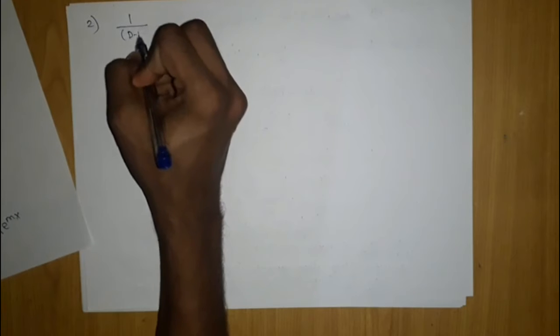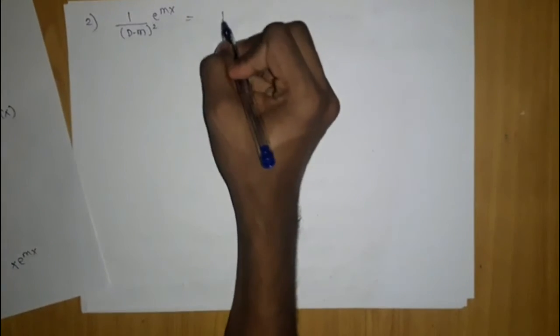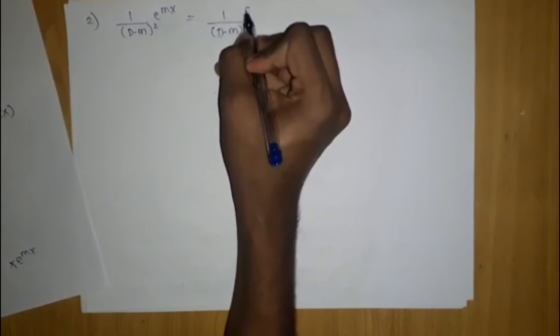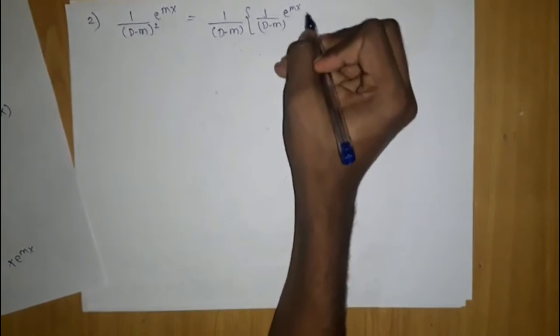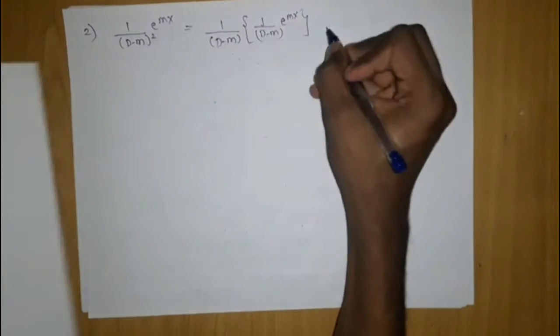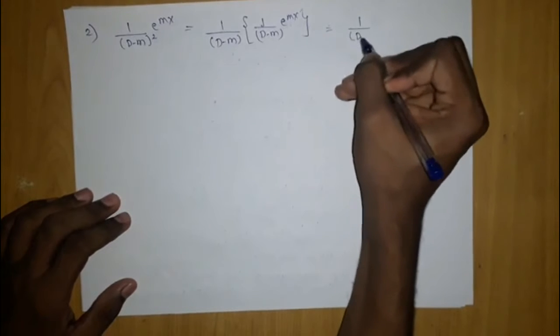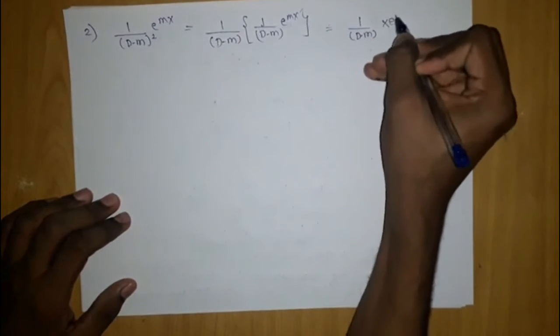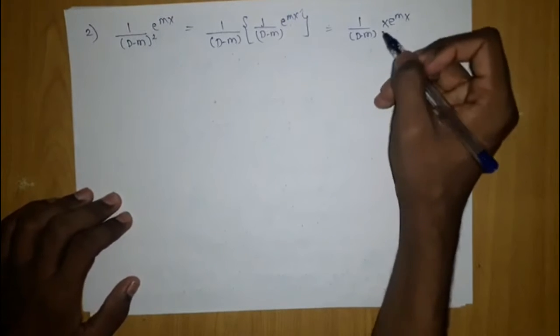Now the second thing: if I say there is D minus m the whole square e to the power mx, what will its solution be? What you can do is write it as D minus m into 1 upon D minus m into e to the power mx. You know its solution already. So you can write this as 1 upon D minus m as x e to the power mx. This will act as your Q of x.